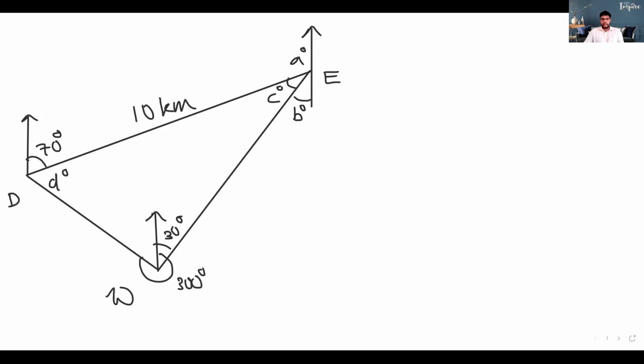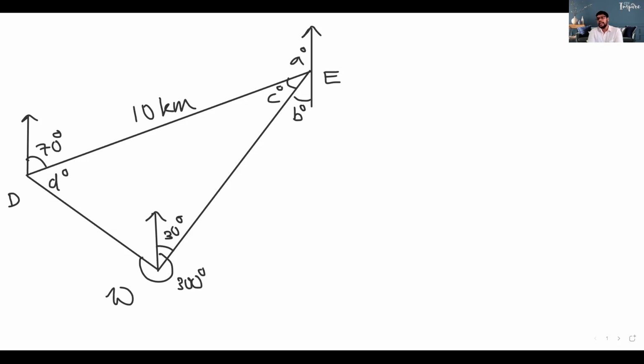So children, part A is saying show that. Now, first of all, let's read the question. It says 2 ships are carrying divers who are going to investigate an ancient wreck. So this W is the shipwreck. The ship Explorer, marked by E, is on a bearing of 30 degrees from the wreck. So you can see from the wreck, when you look at Explorer, it is at 30 degrees of bearing.